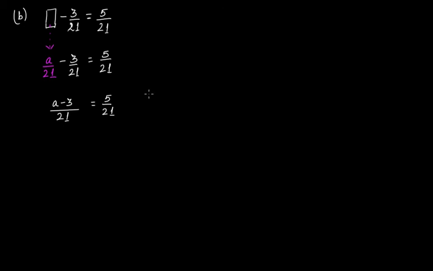Now, of course, a minus 3 will have to be 5. What number should be at the place of a, so that number minus 3 is 5? So a minus 3 equals 5, and that should be 8, right? 8 minus 3 is 5.